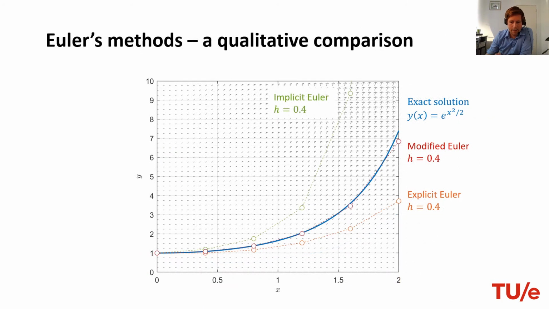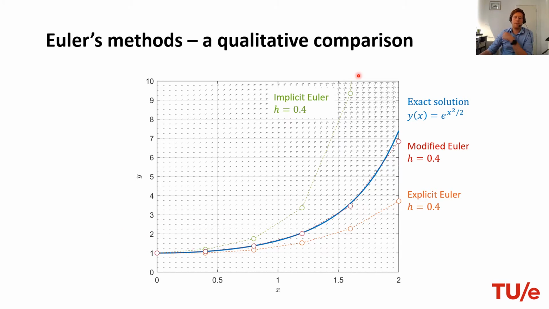So let's make a short qualitative comparison of Euler's methods that we've seen so far. We saw for this specific initial value problem with the exact solution of e to the power x squared over 2, we found that explicit Euler grossly underestimated the solution.